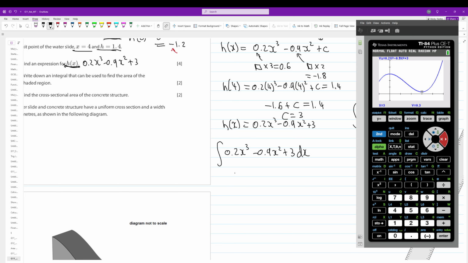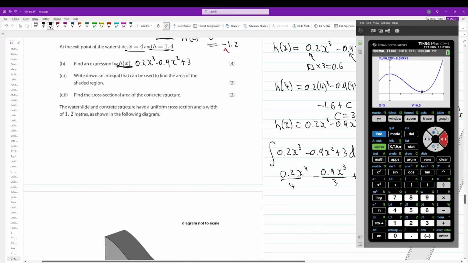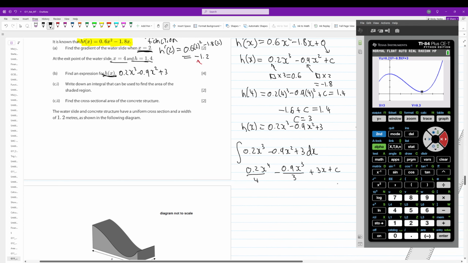So using that same logic, we have 0.2 x to the 4 over 4 minus 0.9 x cubed over 3, add 3x, add c. And this would be that integral. So 0.05 x to the 4, take away 0.3 x cubed, add 3x, add c.